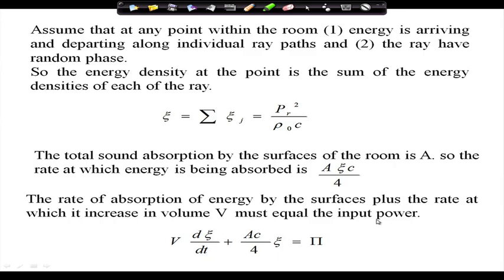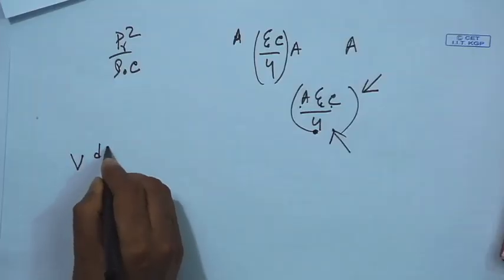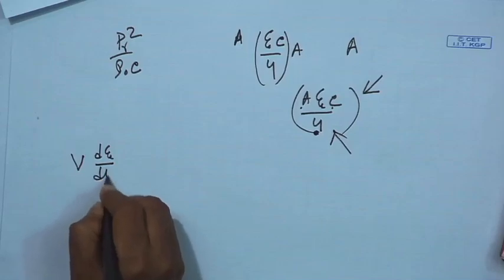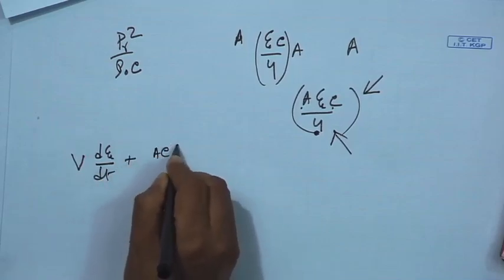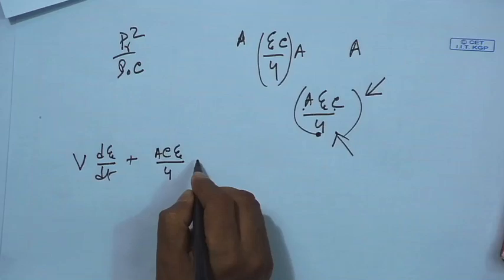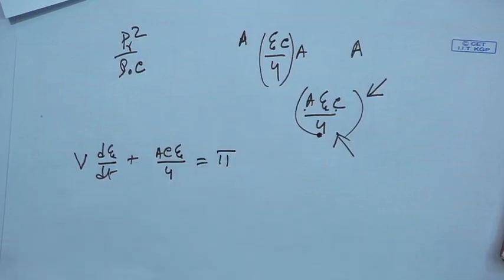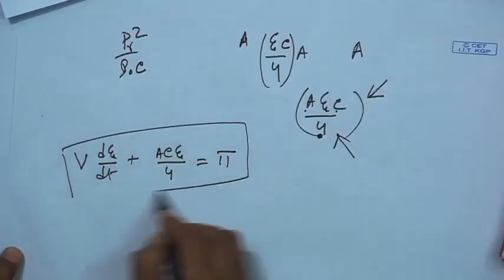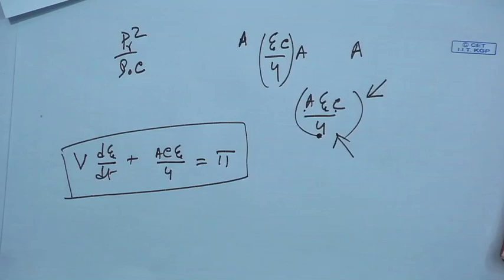If the room volume is V, then V del psi by del t plus A C psi divided by 4 is equal to the total energy. Understand or not? This is the total energy equation. In an enclosed room, if I switch on a loudspeaker, multiple reflections will develop, and this is the equation of the total energy, the input power.